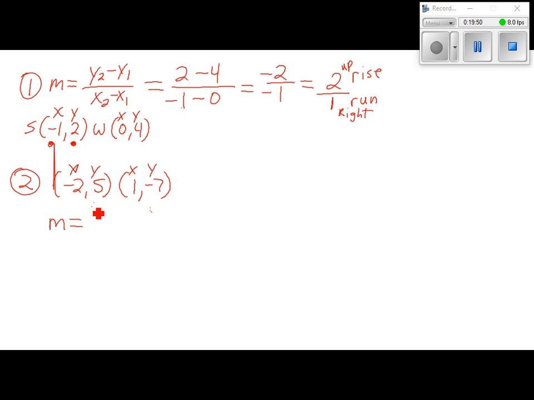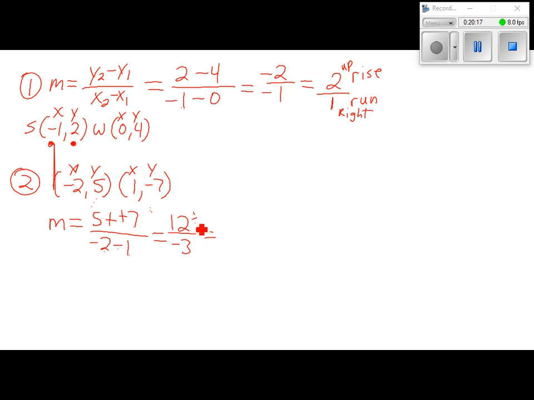This time I'm going to start here, so 5 minus a -7. And then I do -2 minus 1 for my x's. The only reason I did it that way is because then I can change this to a plus. 5 plus 7 is 12. -2 minus 1 is -3. You can reduce that down. 3 will go into both of these.